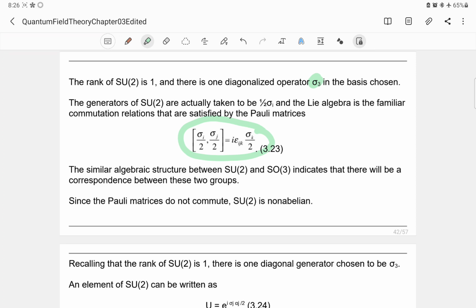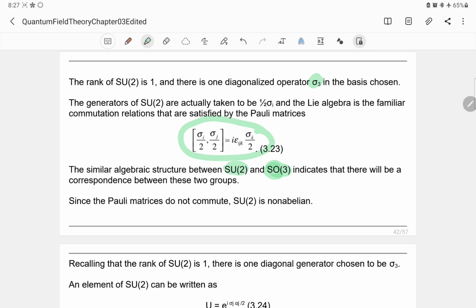Actually, it's because of the angle, because SU2 and SO3 are similar in structure, and later on we will explain that.